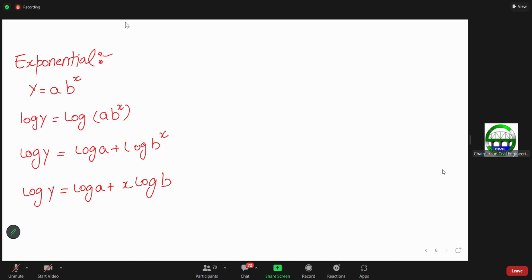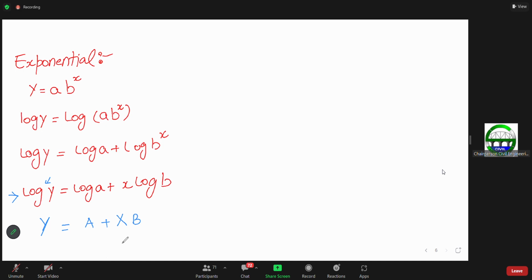So let's say this one is, okay. What I'm going to do here is say that this one is equals to capital Y. Y is equals to, I can say that this one, log of a, is equals to a, plus small x will be this one, and what else, log of b.